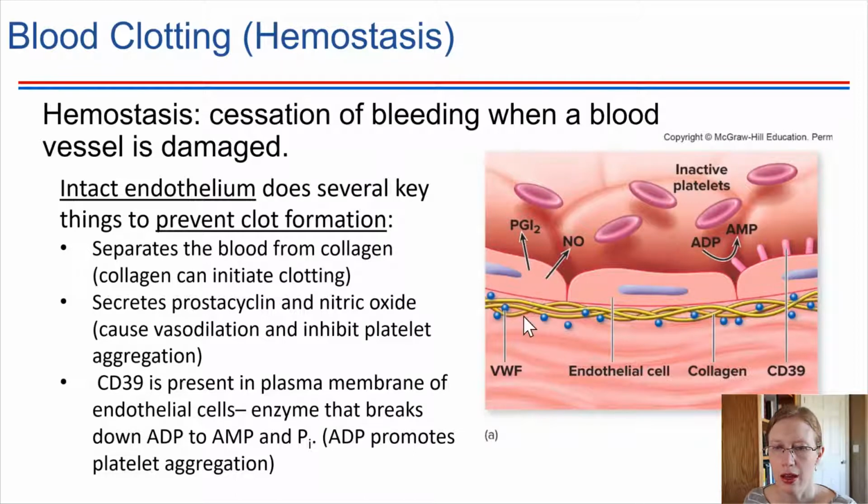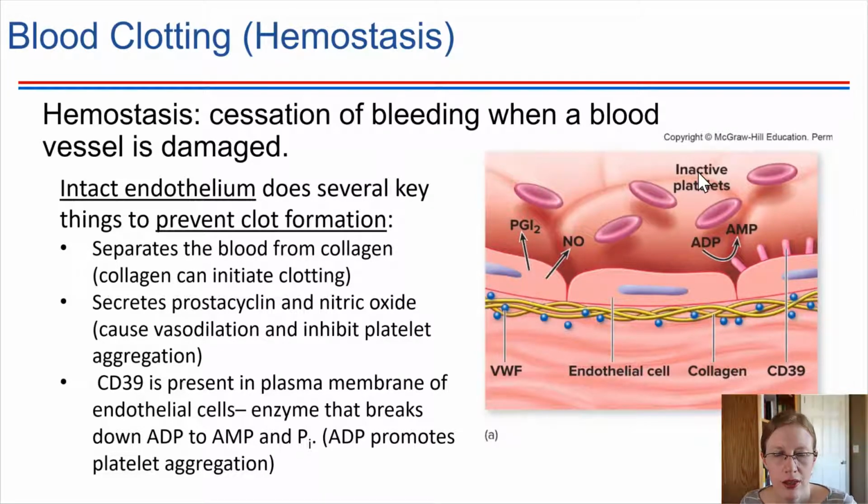It's separating the blood from these collagen fibers. So collagen fibers are right underneath that layer of cells, the endothelium. And that's very important. If collagen comes in contact with blood, that is considered damage, and that's the thing that initiates clot formation. So number 1, in an intact endothelium, there is a separation between the collagen and the blood.